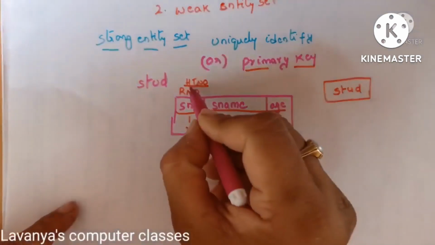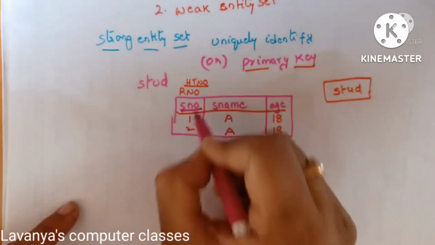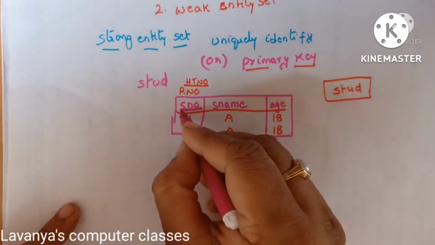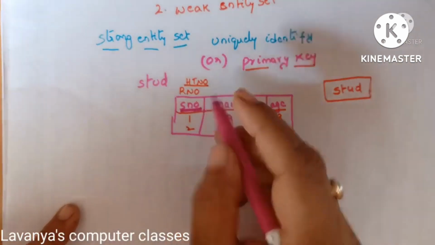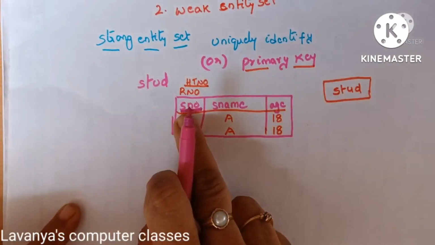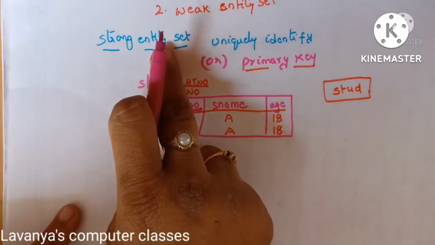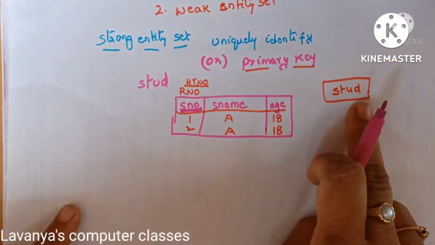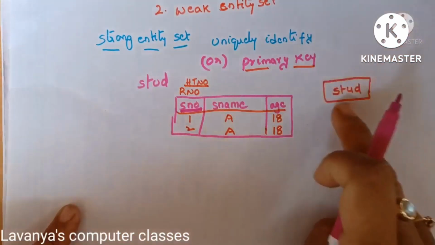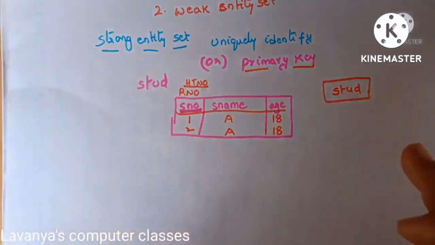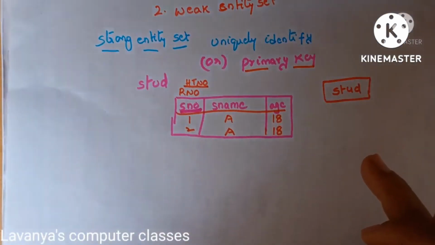Primary key attributes are represented by an underline. If any field has an underline, it is a primary key attribute. If an entity set has a primary key, it is called a strong entity set. A strong entity set is represented by the normal rectangle symbol only.